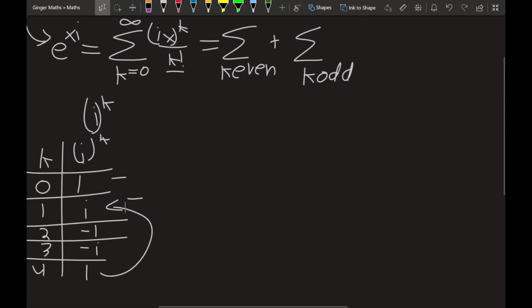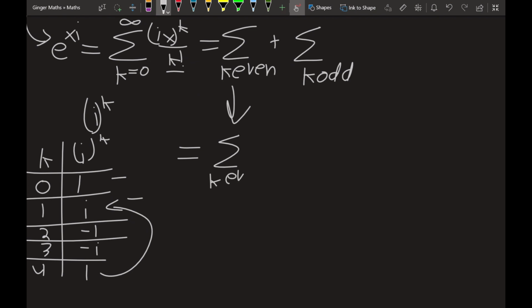So our sum over our even components, I'm just going to call it k even for now, of i to the k, x to the k, over k factorial. Another way we can express k being even is, instead of writing just a normal k here, that we express it as 2k.